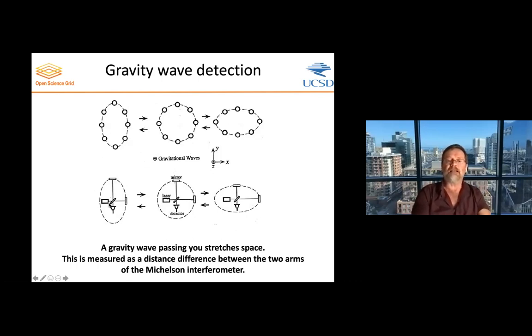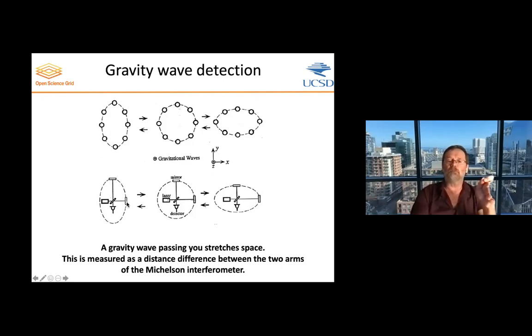You have a micro-interferometer with two very long arms, and I'll show you a picture in a second, with mirrors at the end, with a laser that is really, really strong to get a lot of power, and then a detector that can detect incredibly small phase differences between these two mirrors, so that you have an incredibly small difference in distances that you're measuring.